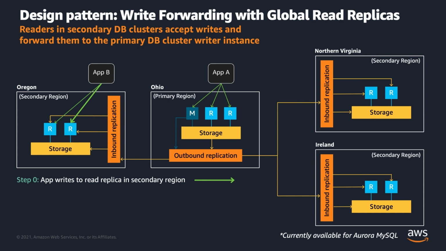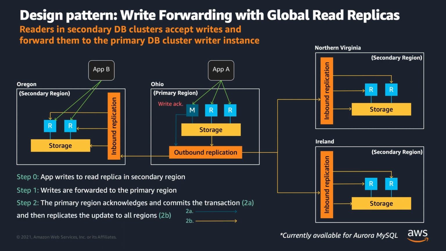Now assume that application B wants to do some writes in the Oregon region, which is our secondary region, through the read replica. What will happen is first the application writes to the read replica in Oregon. Next, those writes are forwarded to Ohio, which is our primary region.